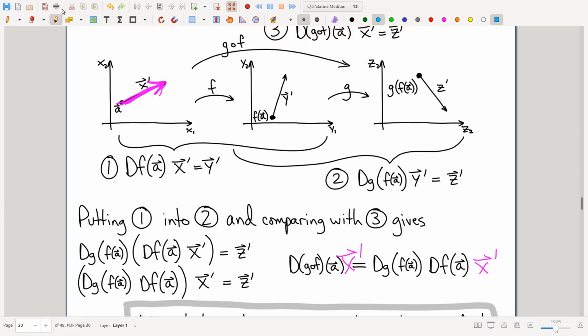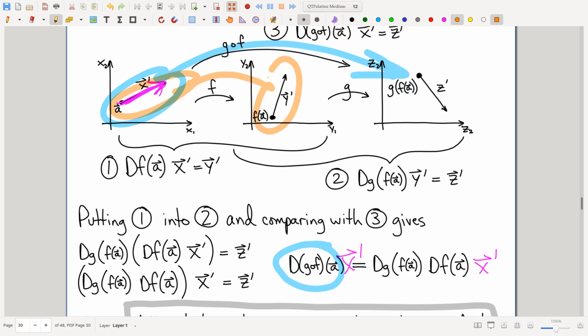So what we're saying is that if you're interested in what the composition does to x prime, you can compare that with what df does to it, followed by what dg does to it.